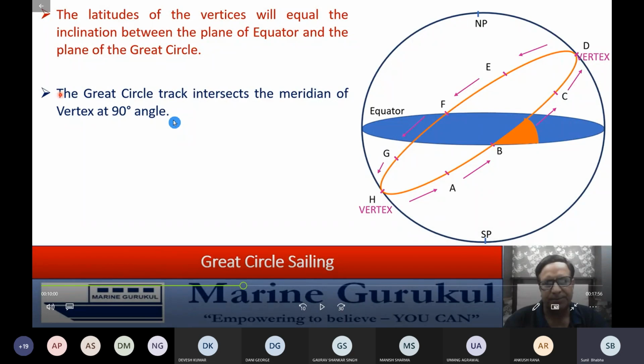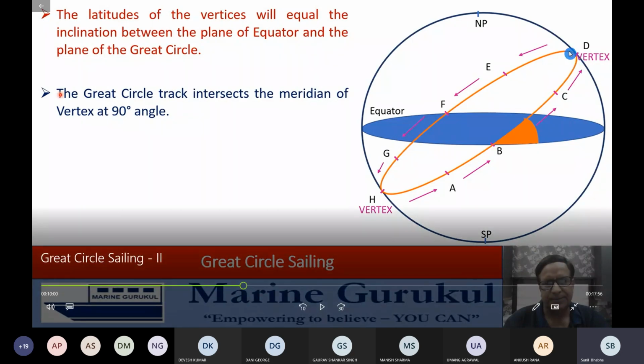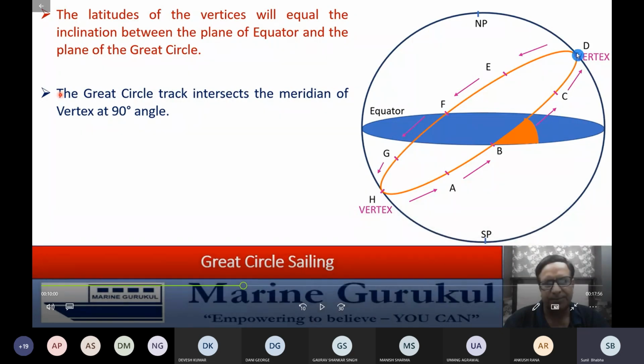Basically, what we are saying here is that this great circle track which you see, let us consider this point delta. We know at point delta, the great circle track is running in the east-west direction, 090 and 270 direction. So our great circle track is in east-west direction. And what is the direction in which the meridians run, beta? North-south direction. So we know all the meridians, they run in the north-south direction.